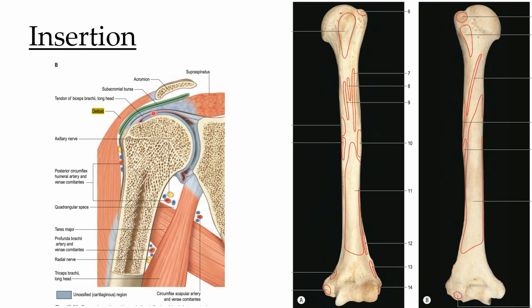It prevents the friction between these two structures, that is tendon of supraspinatus and acromial process. So this is the subacromial bursa. After taking origin from the medial two-third of the supraspinous fossa, the supraspinatus muscle becomes tendinous. It merges with the capsule of the shoulder joint and then ends by getting attached or inserted over the upper part of the greater tubercle of the humerus.